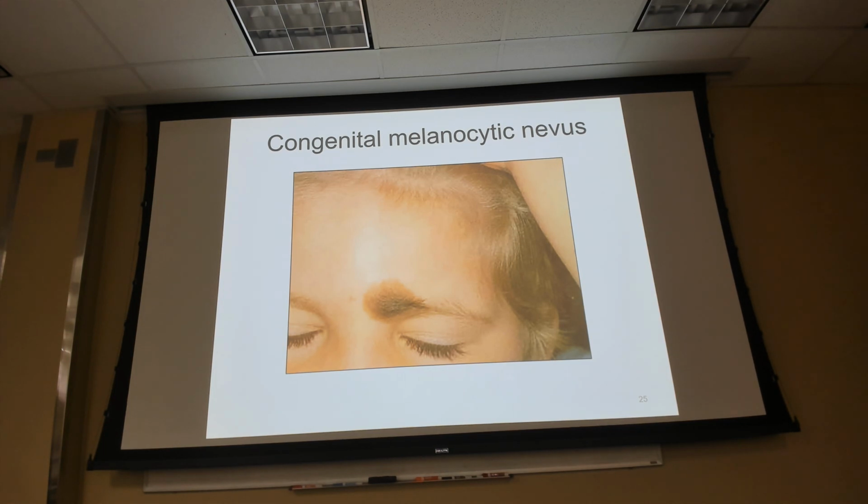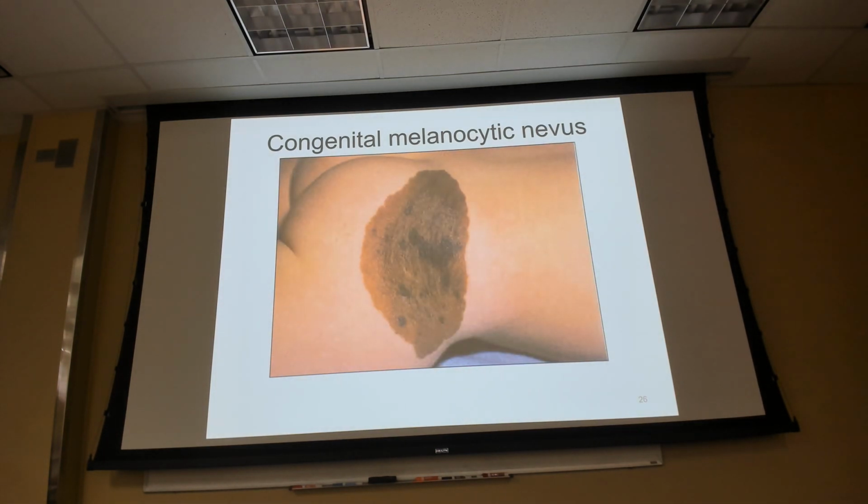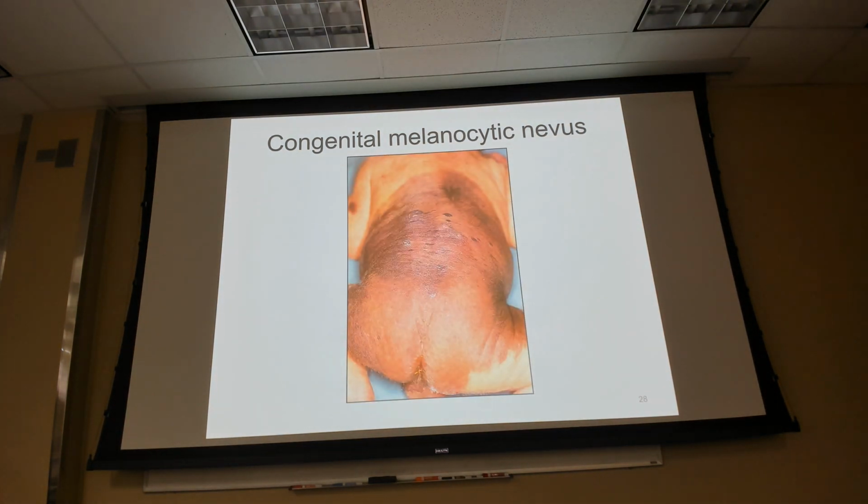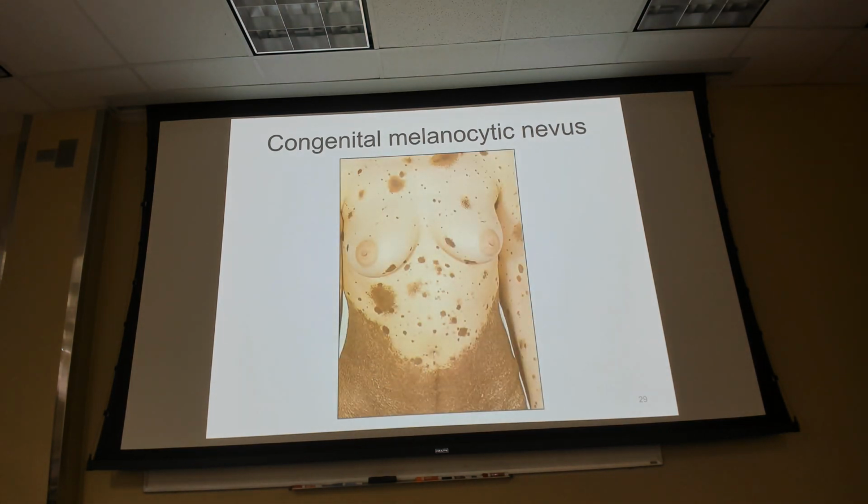So that's one there. These are ones. You can see how they were born with them, but they could have that for life, as seen in this one right here. Congenital.